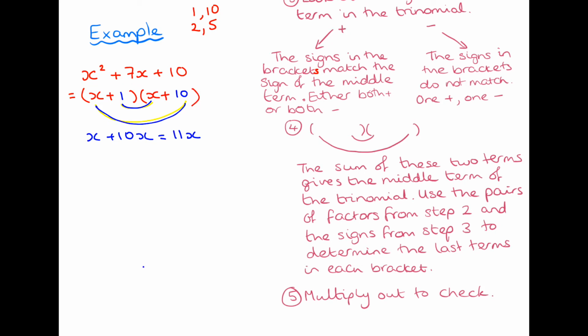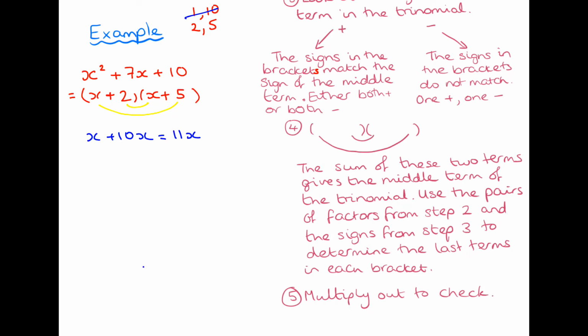Okay, so it's not 1 and 10. So that pair we can forget about. So let's now try the other pair, so 2 and 5, and let's look at what sum we get from that.